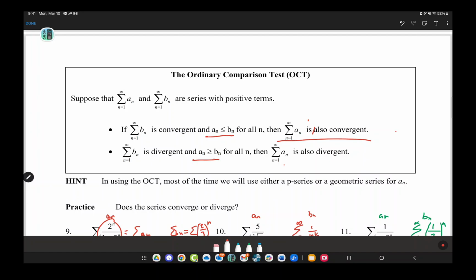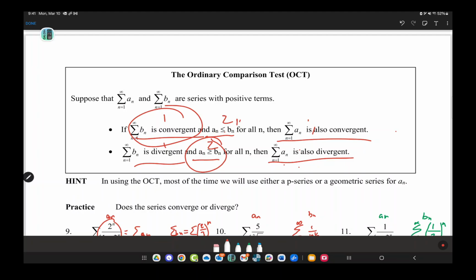If AN is greater than B, then it must also diverge. But it has to meet these two parts. In this case, we met part one of the first statement, but part two of the second statement.